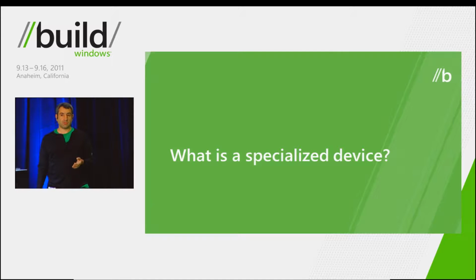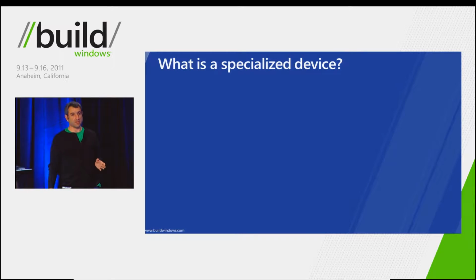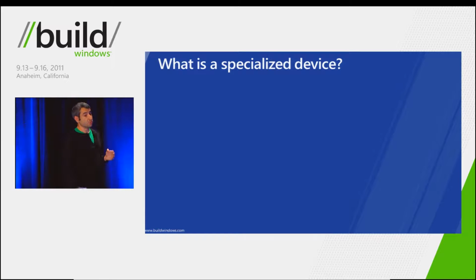So, what is a specialized device anyway? There's a broad and diverse selection of devices people use with Windows today. Users love that selection and value the rich ecosystem of devices folks like you create.